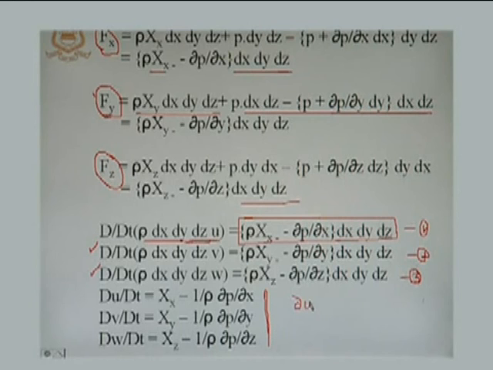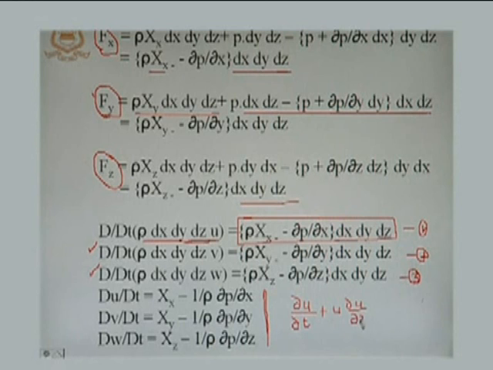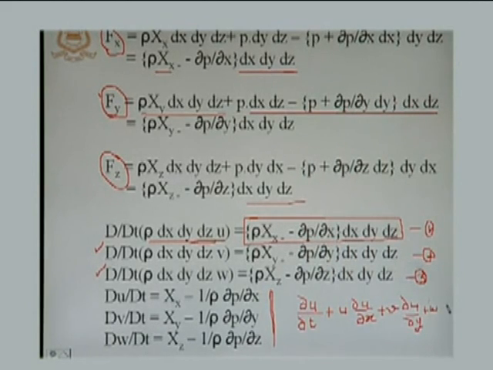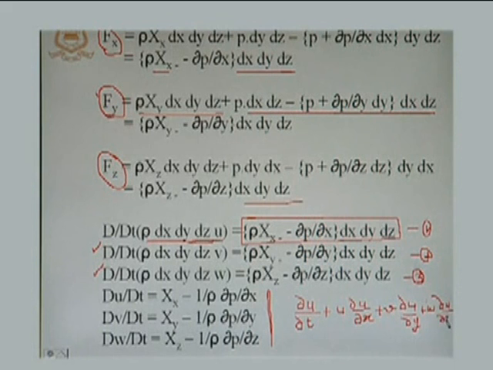This we have studied when we talked about the total derivative or material derivative, which is the summation of local acceleration plus convective acceleration: u del u over del x plus v del u over del y plus w del u over del z.